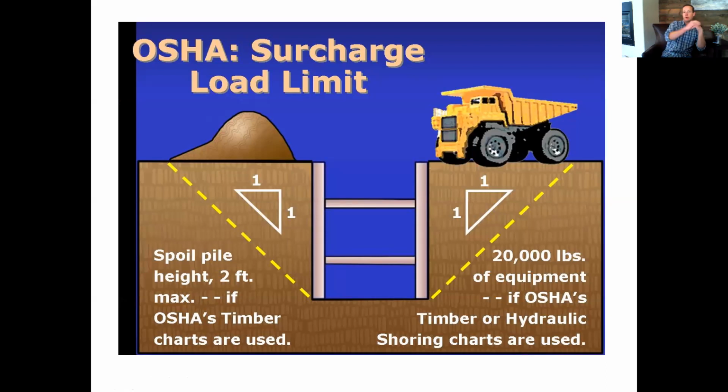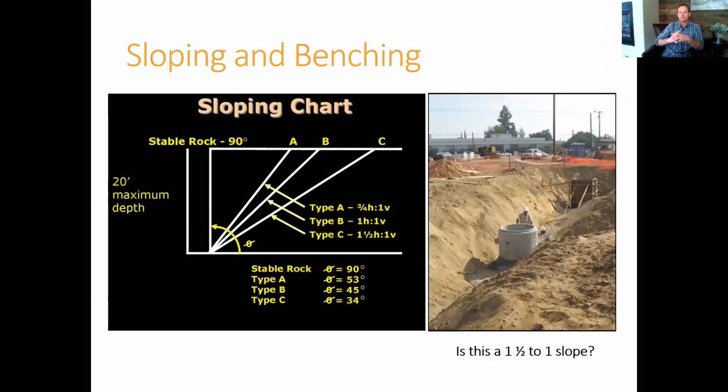And so 20,000 pounds of equipment if OSHA's timber or hydraulic shoring charts are used, and that's at a 1-to-1 angle. So any type of equipment has to be less than 20,000 pounds if it's built per OSHA's timber and hydraulic shoring charts. Now, the stockpile height can't be greater than 2 feet. Okay, so the stockpile on the side can only be 2 feet high, and it needs to be moved back 2 feet from the edge.